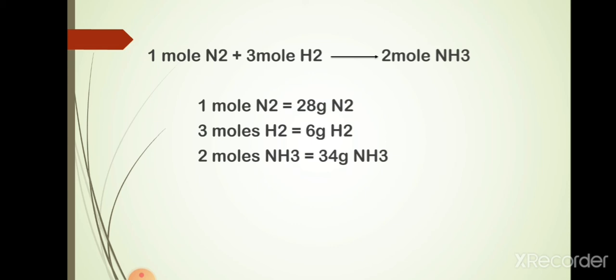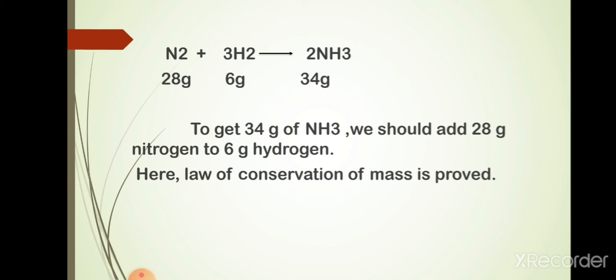And for 2 moles of ammonia, we know that 1 mole of ammonia is equal to 17 grams. So for 2 moles of ammonia, it will be 34 grams. By converting moles to grams, we got a clear picture of the amount of reactants to be used in the reaction.